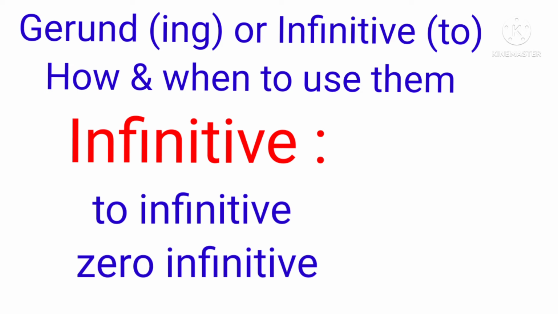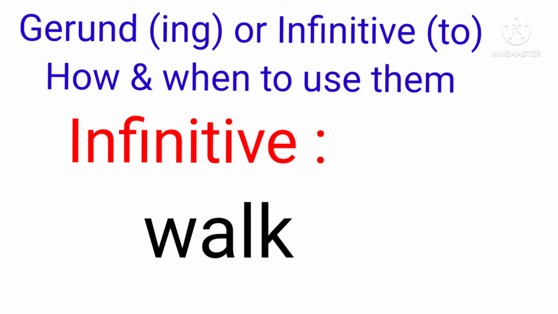To make an infinitive, use to plus base verb. For example, we take the word walk and add to, and we have our infinitive, to walk. To walk is our infinitive.